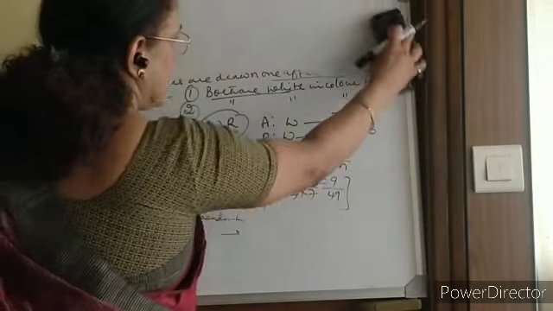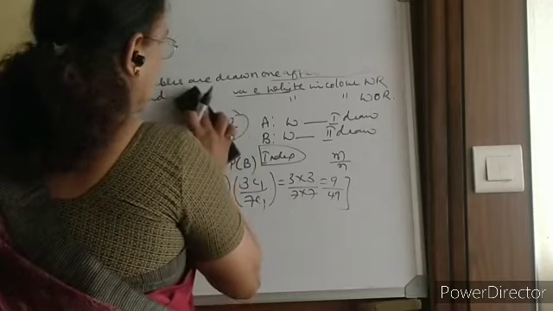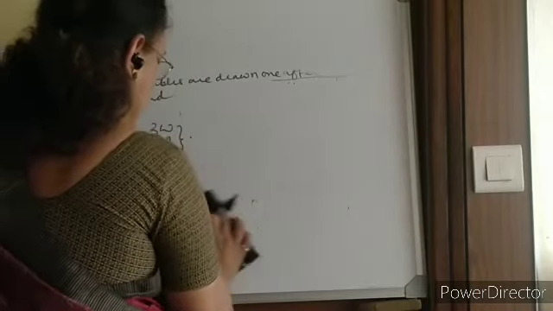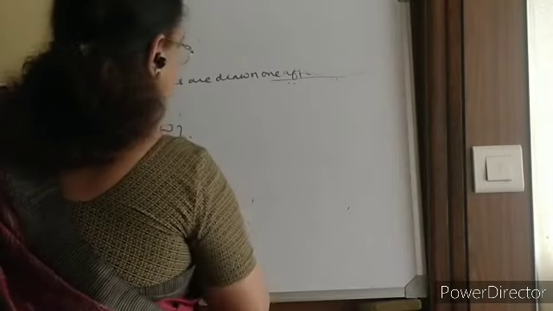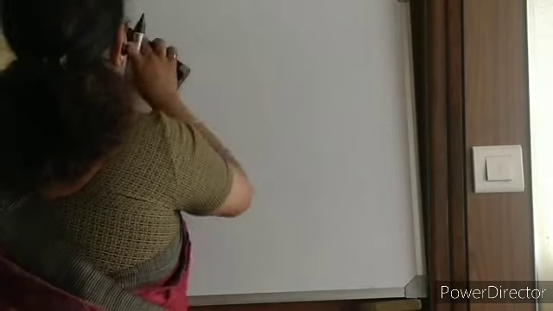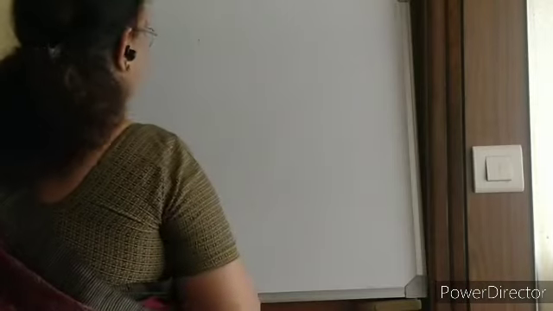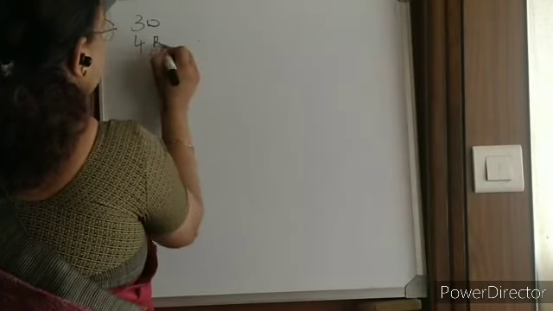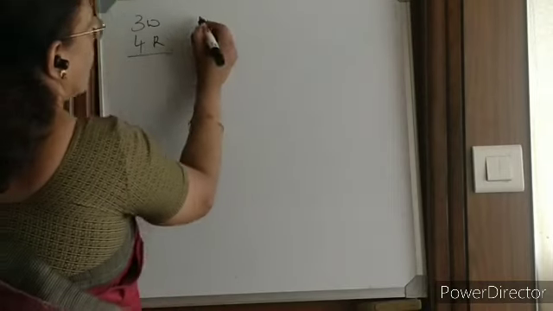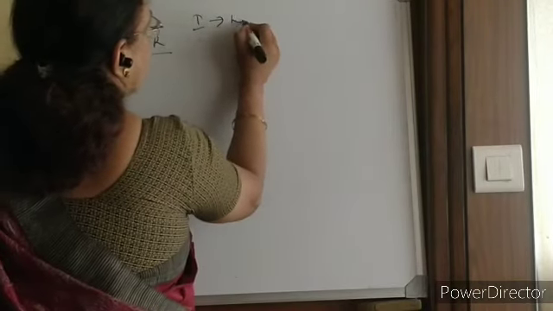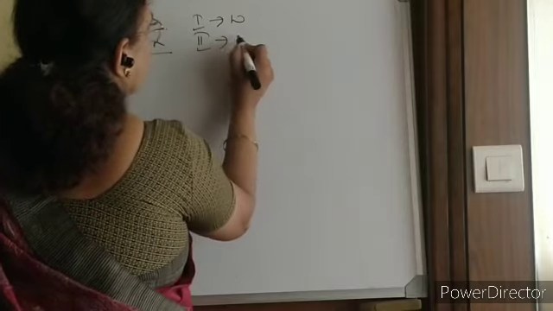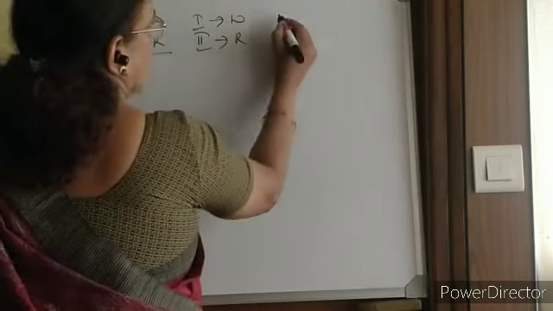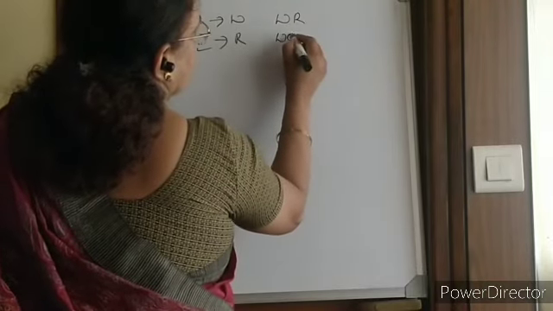Now suppose I change it: you have 3 white and let us assume 4 red. Now the first draw should give you 1 white and the second draw should give you 1 red. So I have changed the colors of the marbles, now under with replacement and without replacement.